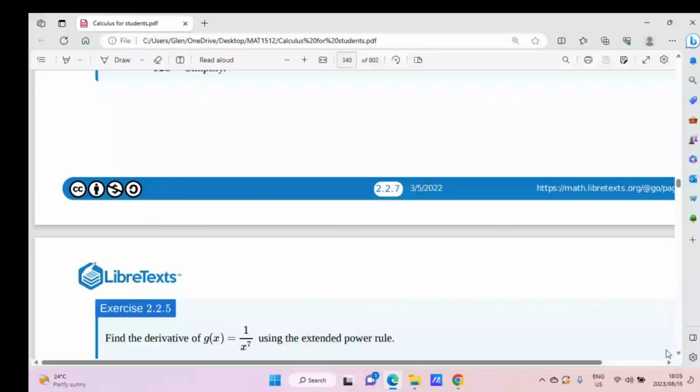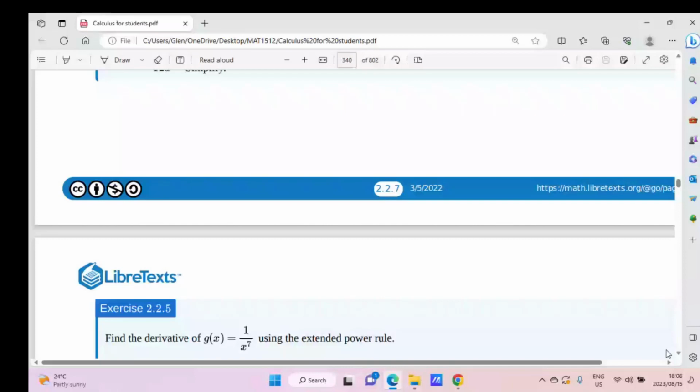What I did is to first say 1 over x to the power 7, and I multiply the exponent by the coefficient, which is 1.